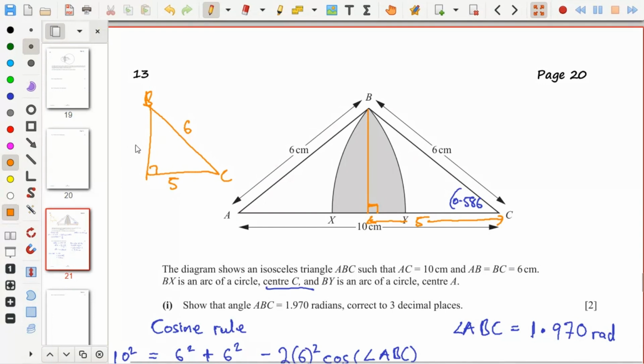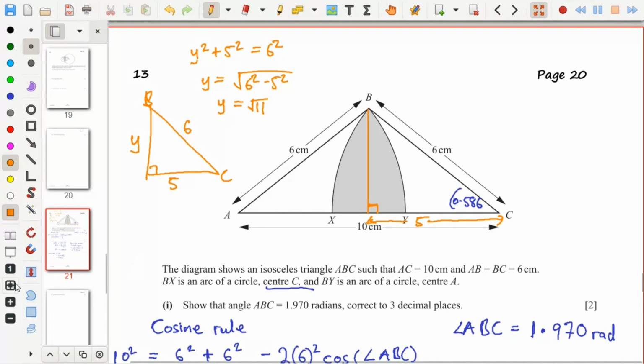The length at this side, let me say is y. So y squared plus 5 squared is equal to 6 squared. Pythagoras theorem. So if you solve this one, you will get root 11.